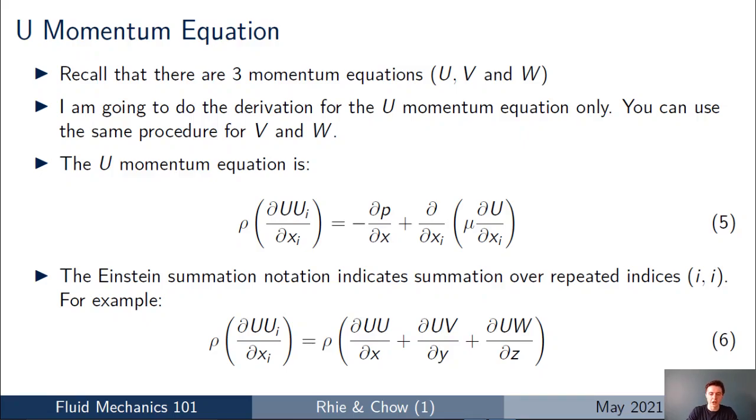So that's just another flag that we're using the Einstein summation notation, and we're just looking at the U momentum equation for simplicity. Once I've been through this derivation, you can of course repeat that process and do exactly the same thing for the V and W momentum equations if you want to do that.